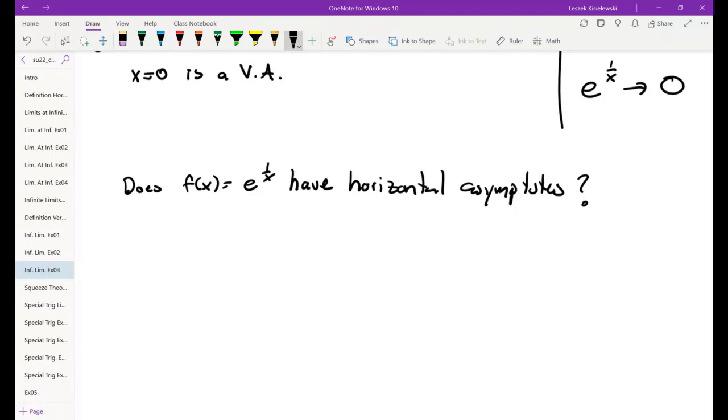If the professor asks, does this function have horizontal asymptotes? In terms of calculus, what do we need to do? Well, we need to compute limits at infinity. So we're going to need to compute the limit as x goes to infinity, and then also, because we could possibly get a different result, we need to find the limit as x goes to negative infinity as well.